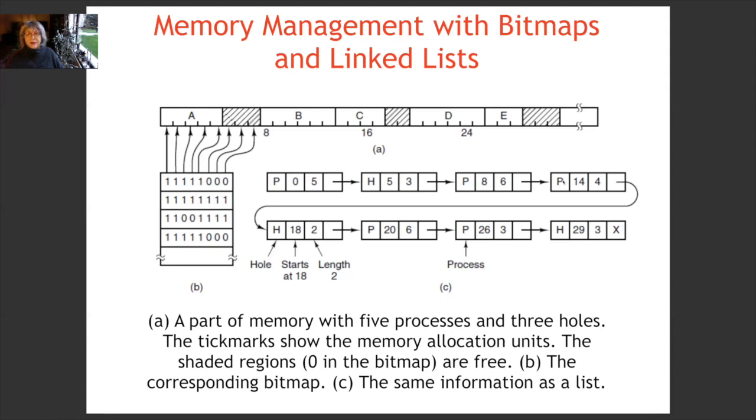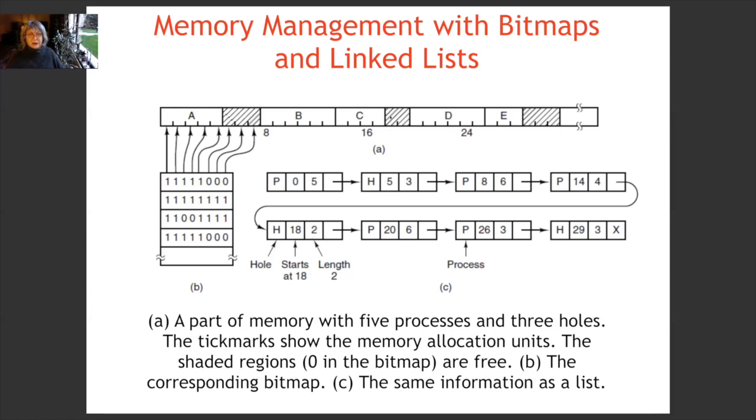Then comes another process, corresponding to process C, starting with address 14. It has size 4. So it goes in this manner. Here there is another free area. H is standing for hole, a free area, and this free area is starting with 18, and it has length 2.